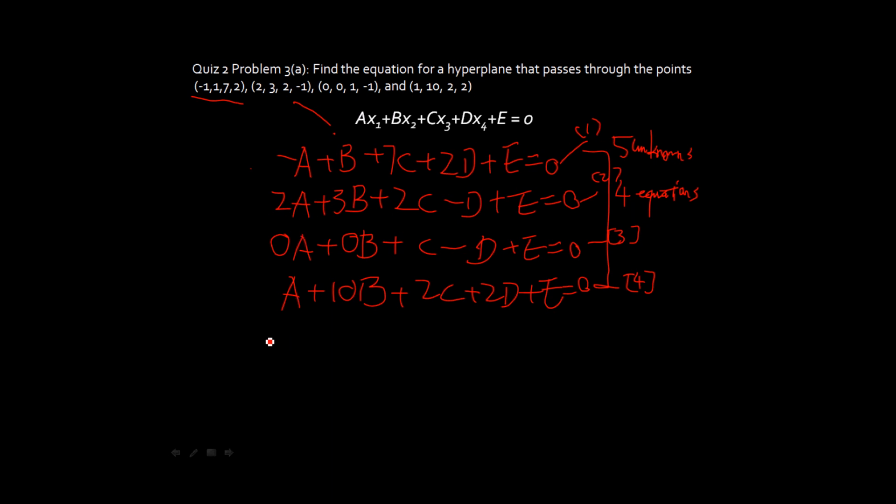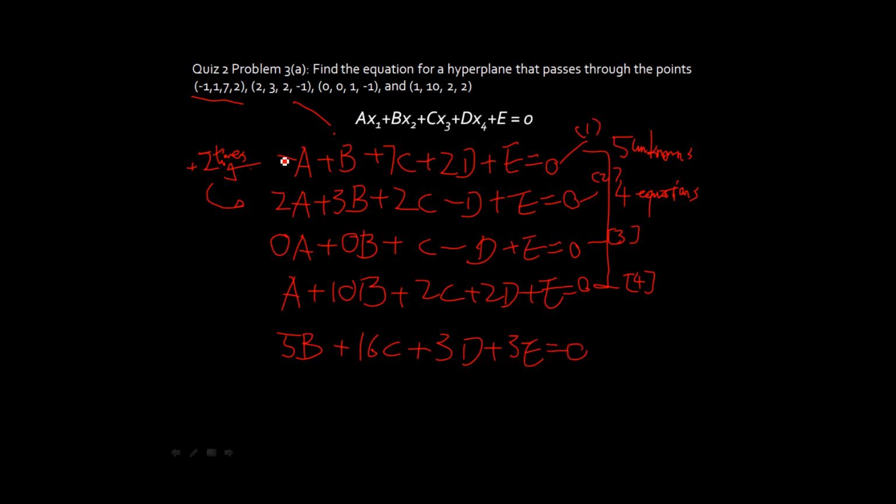So this is what I'm going to do: add equation 1 2 times to equation number 2. By adding 2 times I get 5b, then 16c, 3d, and 3e equals 0.